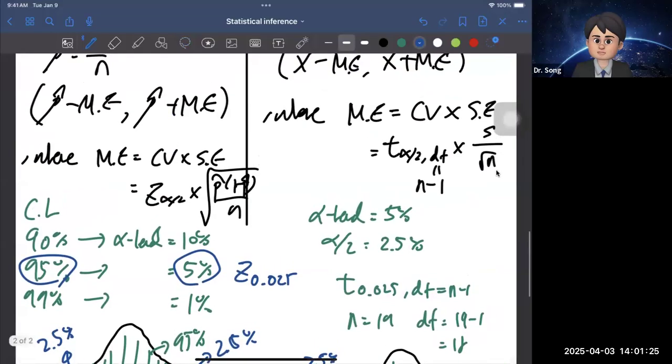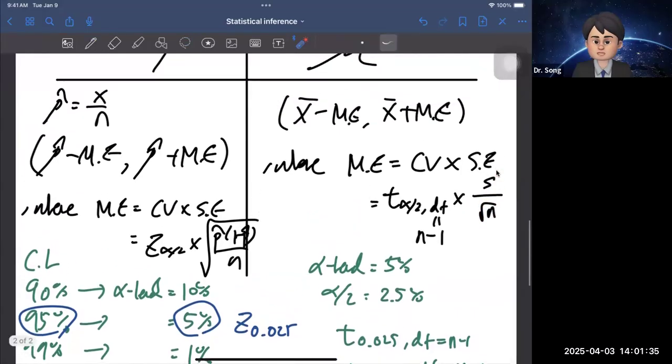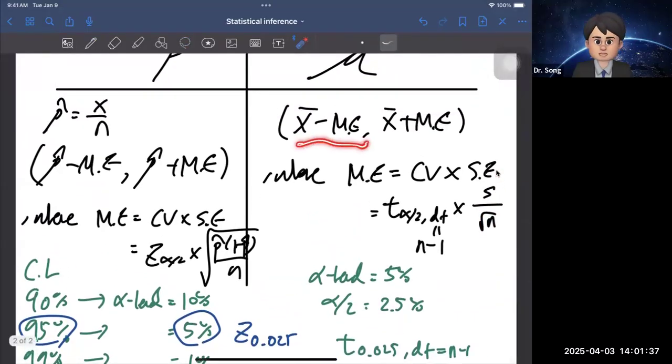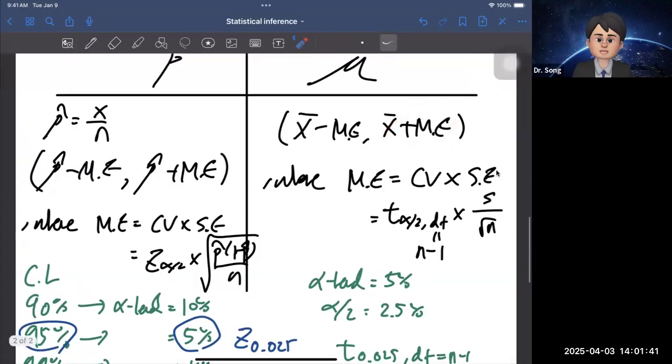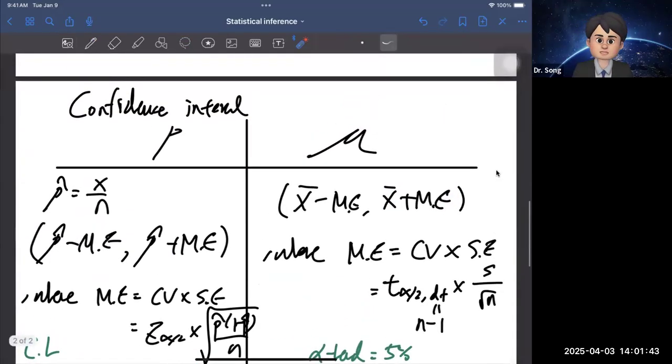And after that, you go back to this margin of error equation, you plug in the number that you just figured out by using Excel, and then you plug in the sample standard deviation, and then the sample size, you will get the margin of error. Then x bar minus margin of error, you get the lower bound, x bar plus margin of error, you get the upper bound. That's the big picture of the confidence interval.